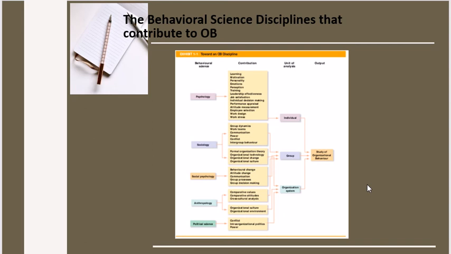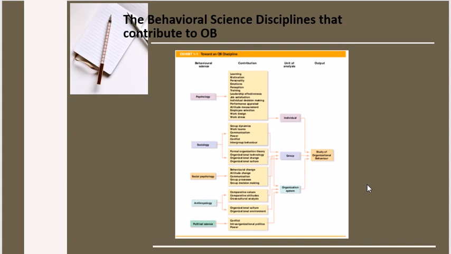So if we notice, the different behavioral sciences, like psychology, are the science that seeks to measure and explain, and sometimes change, the behavior of humans and other animals. In sociology, it is the study of the social system in which individuals fill their roles.